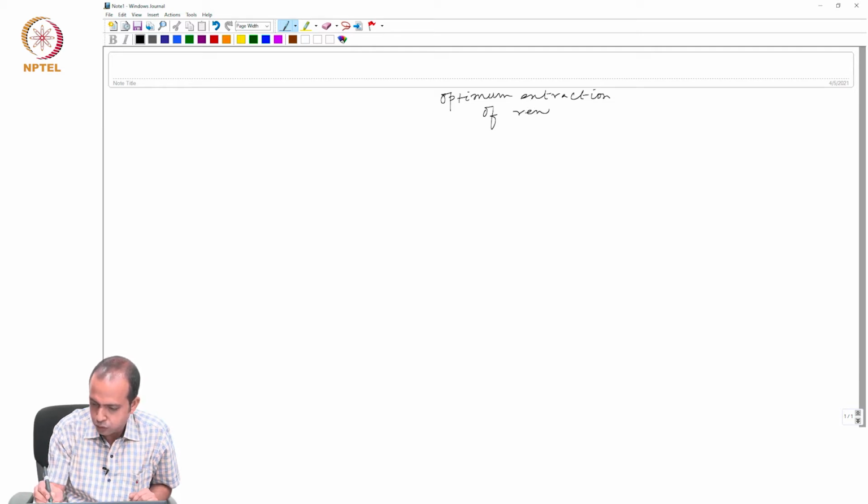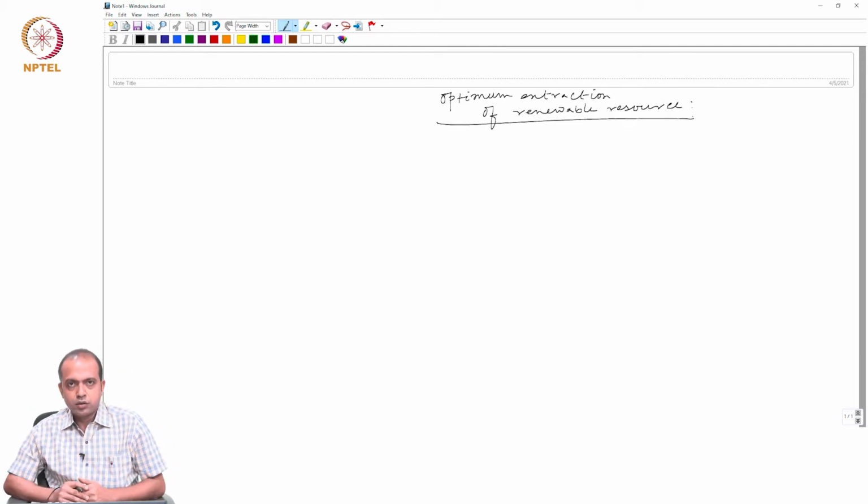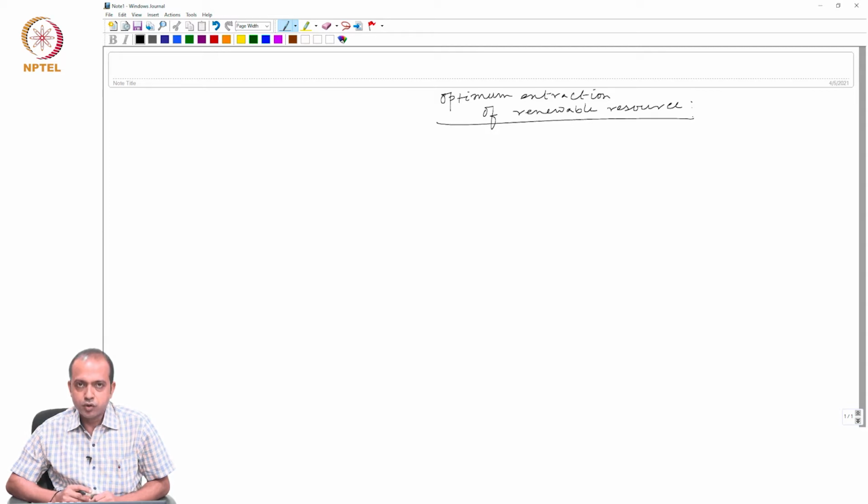We are discussing optimum extraction in the context of fishery, and in our last class we discussed what should be the economist's optimum, what should be the biologist's optimum, and under what conditions both optimality conditions should converge to each other. That means, conditions for the economist's optimum to converge with that of the biologist's.